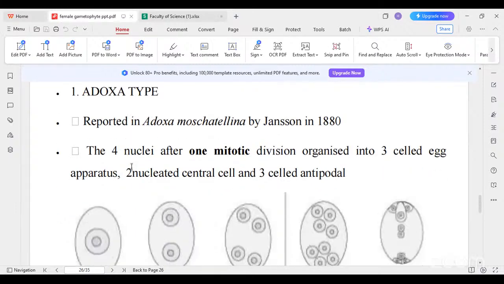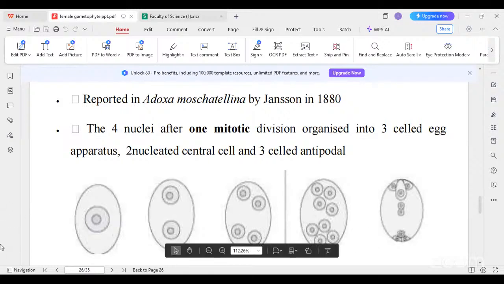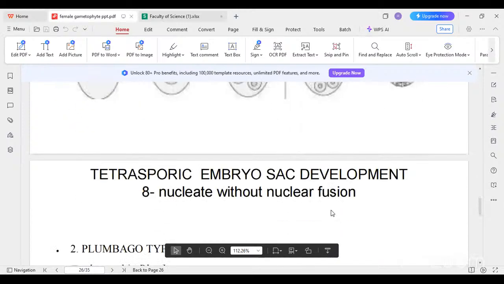The four nuclei after one meiotic division are organized into a three-celled egg apparatus, two-nucleate central cell, and three antipodal cells. This is the same as the Polygonum type: 3 plus 2 plus 3.